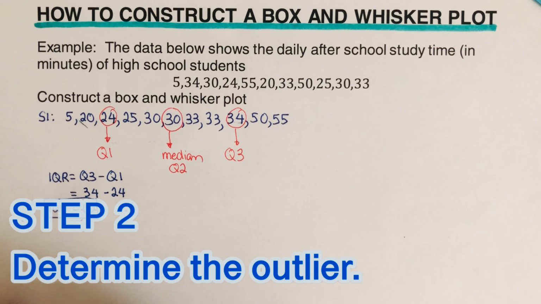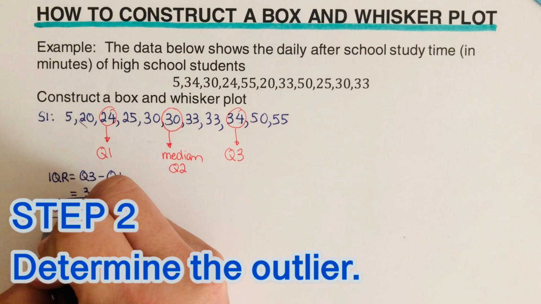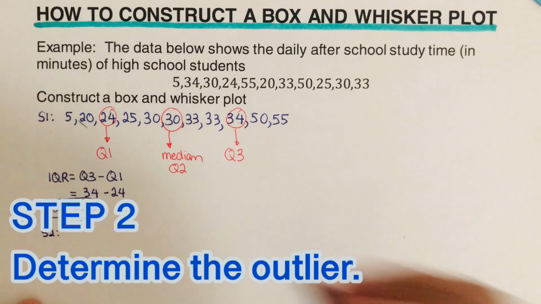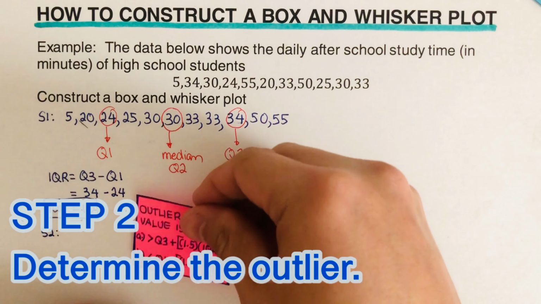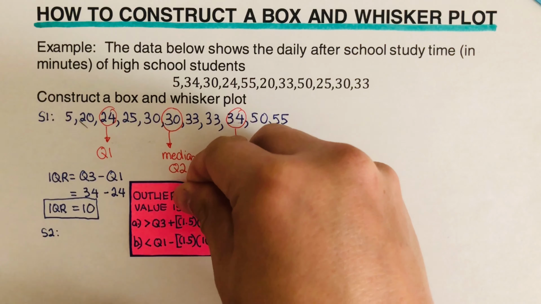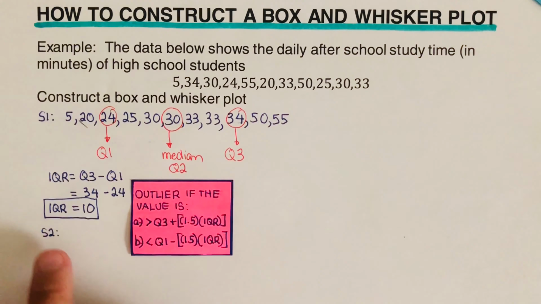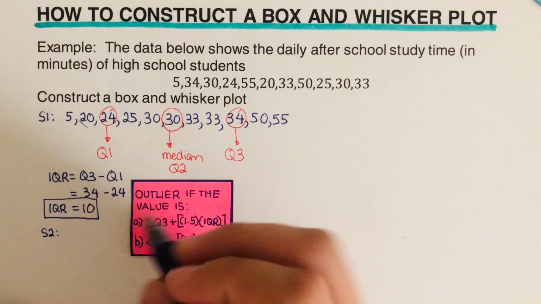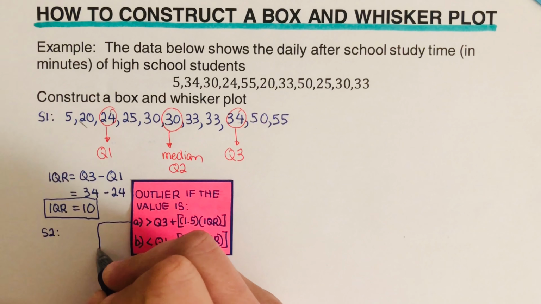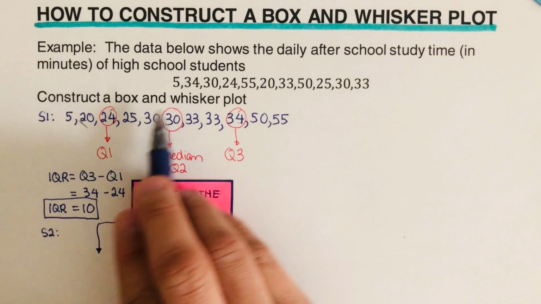In order that we can determine the outliers, that's the second step right here, we are going to use this condition that we have here. So this would be part of step 2. Then we can go ahead and get those that are way too big. We're going to use this one right here to determine which numbers are way too big in this set of numbers.